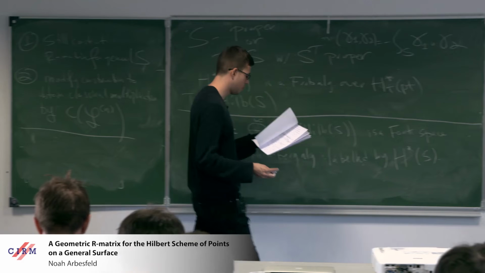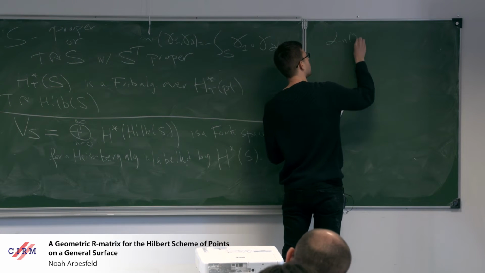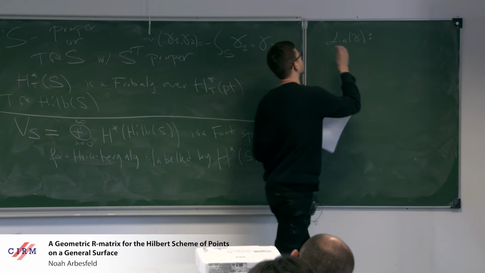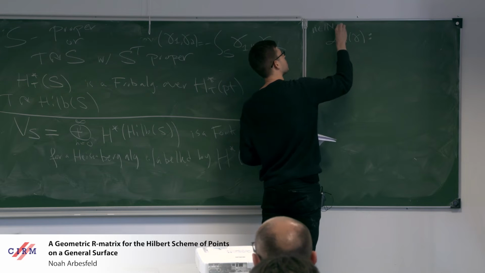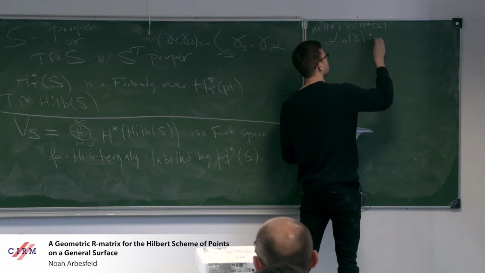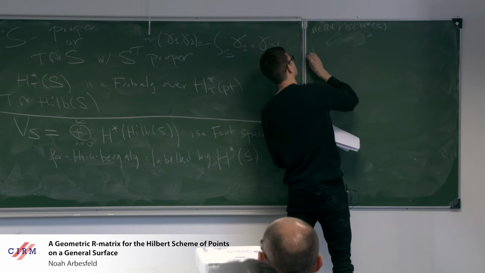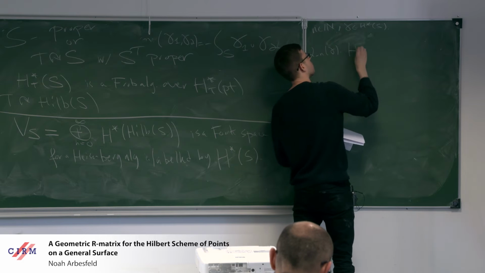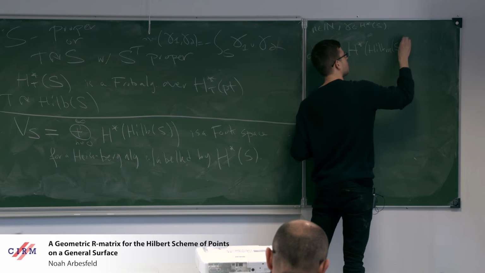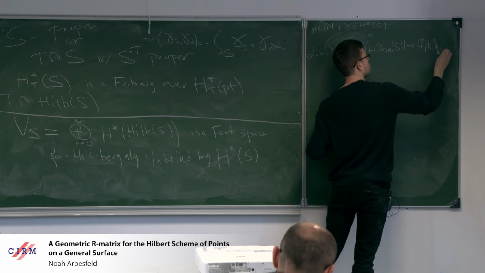Okay. So let me just fix the notation. For some positive n and for some cohomology class gamma of my surface, I'll let alpha minus n be an operator going from the cohomology of the Hilbert scheme of m points to the cohomology of the Hilbert scheme of m plus n points.